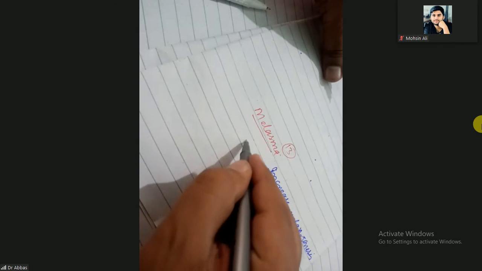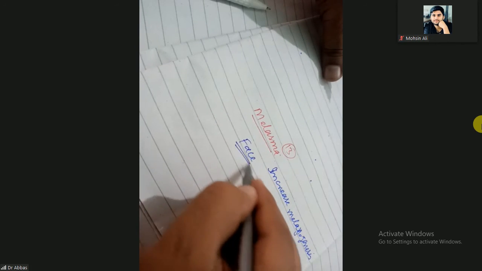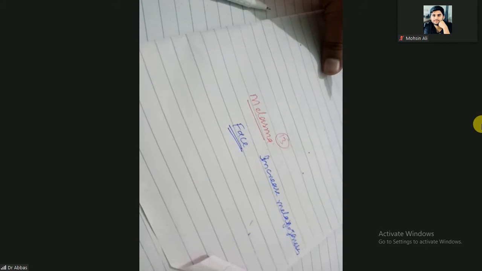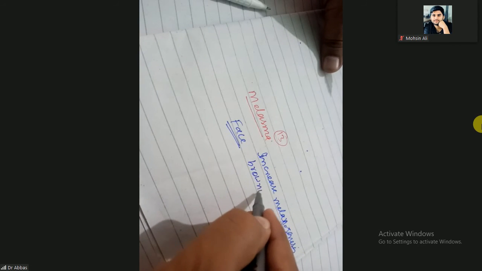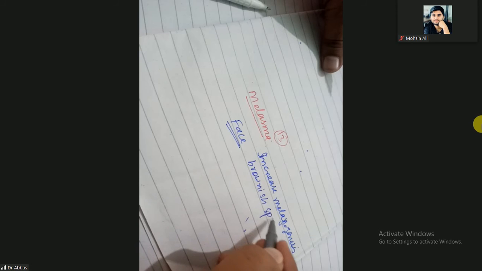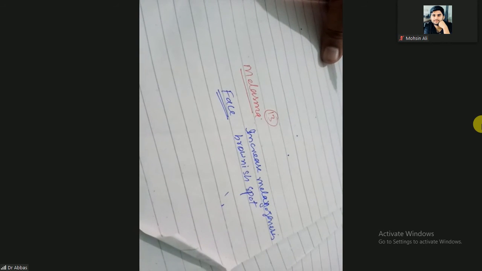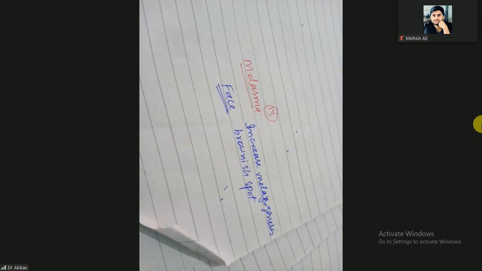So on the face of the pregnant ladies, there will be brownish spots, but there is no need for treatment. These are self-limiting conditions.